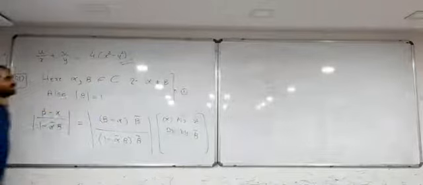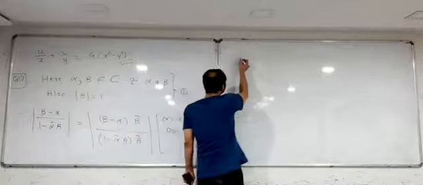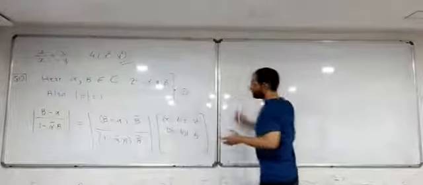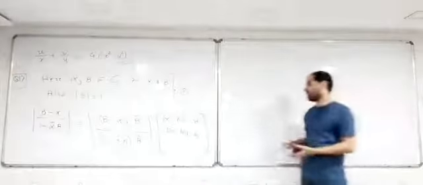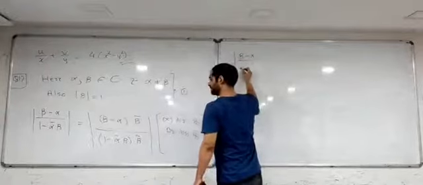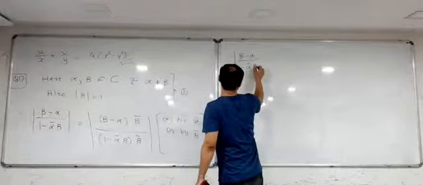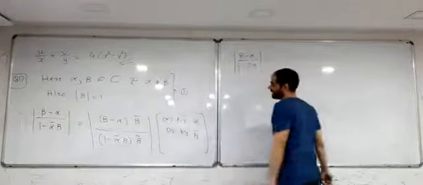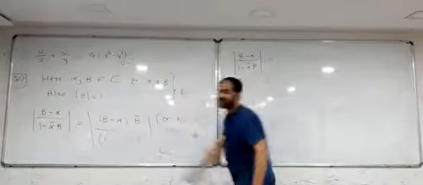Now keep the top as it is. What is modulus of z1 upon z2? Magnitude of z1 upon magnitude of z2.